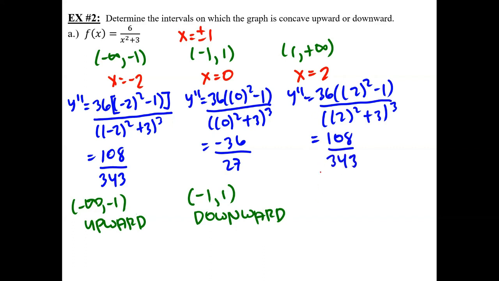So we have a positive again. Now, the interval 1 to positive infinity has a concavity of upward. Okay, so that's our solution for number 2.